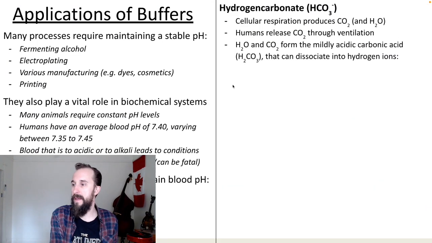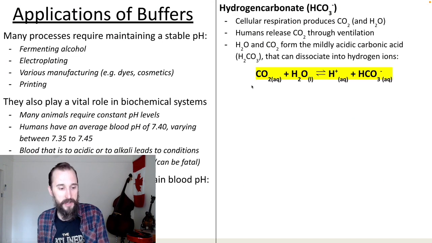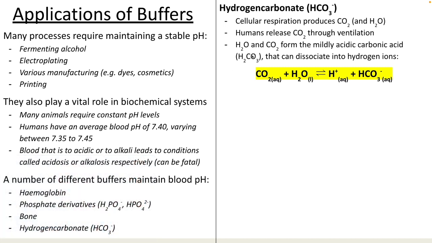So we can simplify this process: H2O and CO2 form the mildly acidic carbonic acid that can dissociate into hydrogen ions. To write that in one step, I've got it like this. And what you can see here is we've got H+, and if we're thinking about H+, we're thinking about acids and bases.